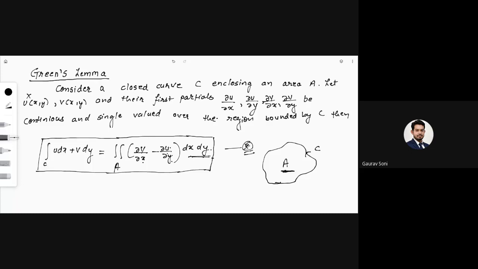And one more thing here, note that the orientation of the curve is anti-clockwise.